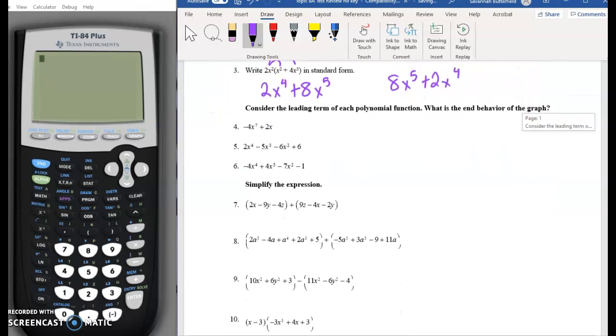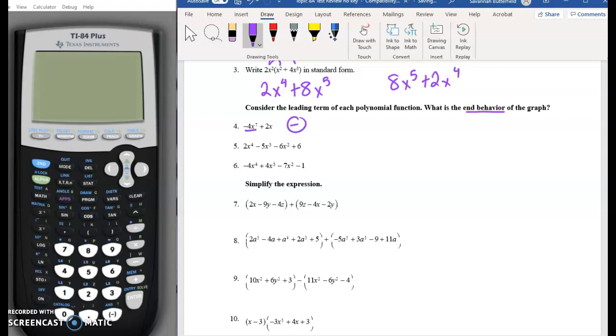Now moving down to my next section, it says consider the leading term of each polynomial function. What is the end behavior of that graph? So on 4, 5, and 6, we are going to look at if our leading term is positive or negative, and then if the exponent on the leading term is odd or even. Looking on number 4, my leading term is negative 4x to the 7th, and it is negative.